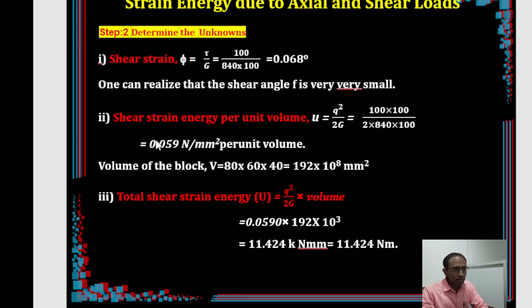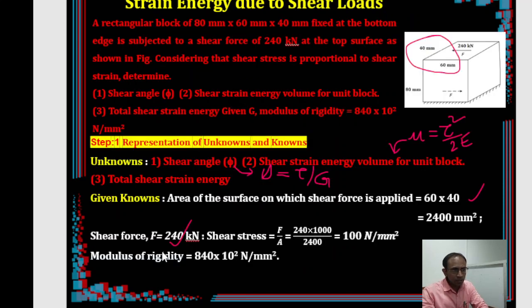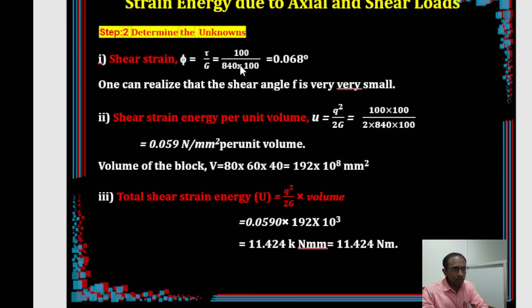So let's look at that solution. Whatever has been discussed, the shear stress we know, just now calculated, is load by area. You take that value divided by the shear modulus supplied to us, and you get the shear strain.